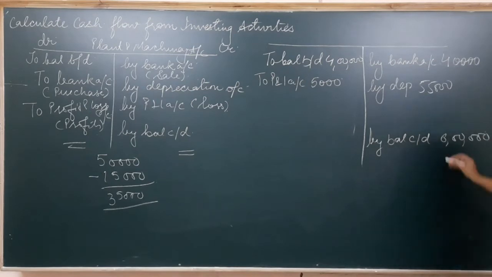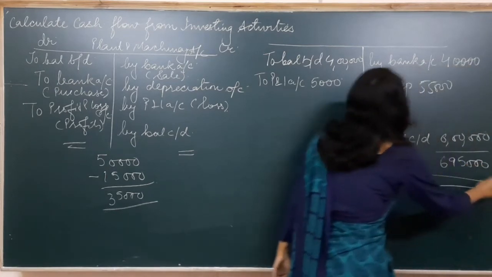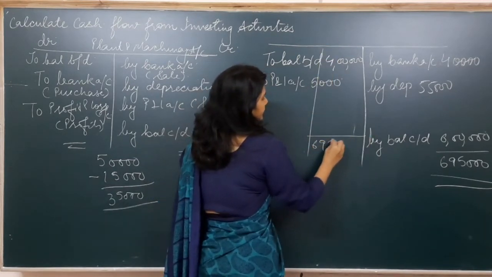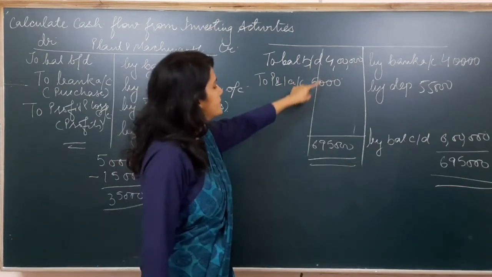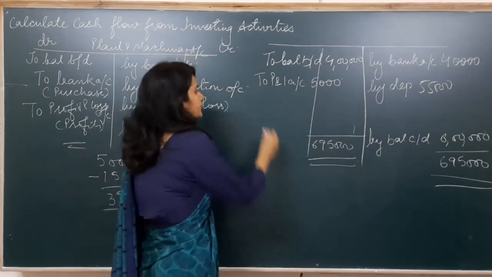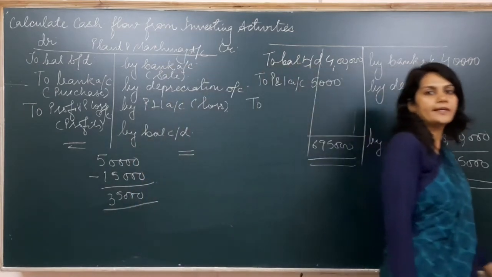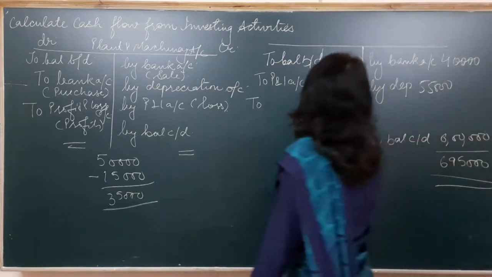So now let's total it. It is 6,95,000 on this side, and on this side it's only 4,05,000. So we need to find some balancing figure. 6,95,000 minus 4,05,000 is 2,90,000.